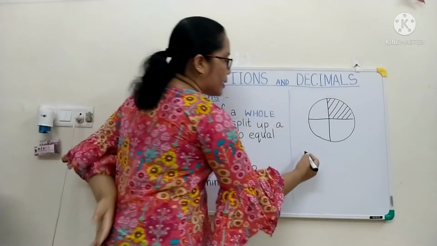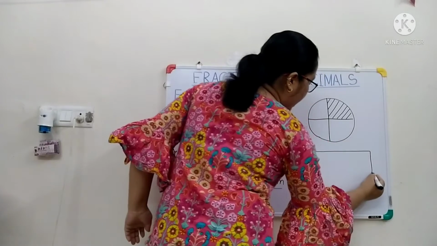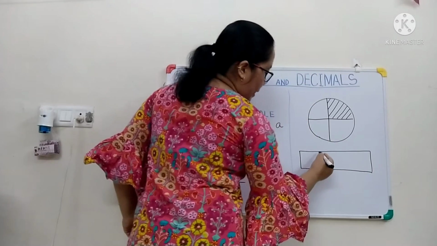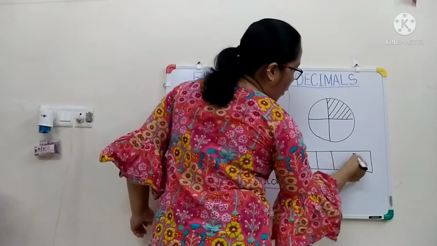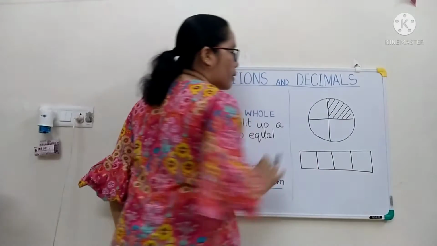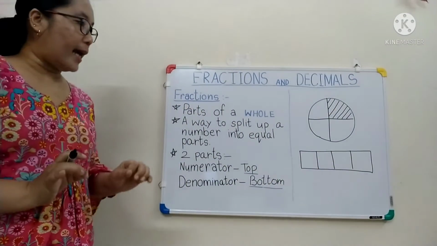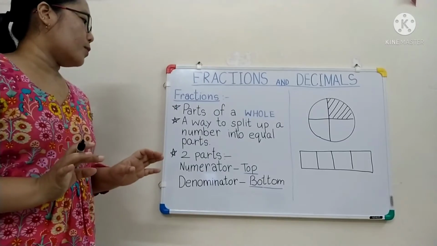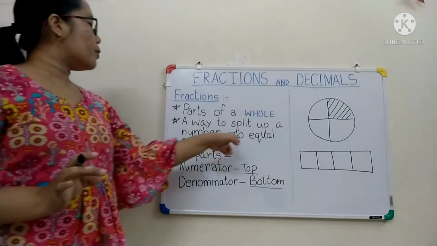Suppose this is a rectangle. The rectangle consists of small squares. These squares are of equal size, they have equal areas. So a fraction is a way to split up a number into equal parts.